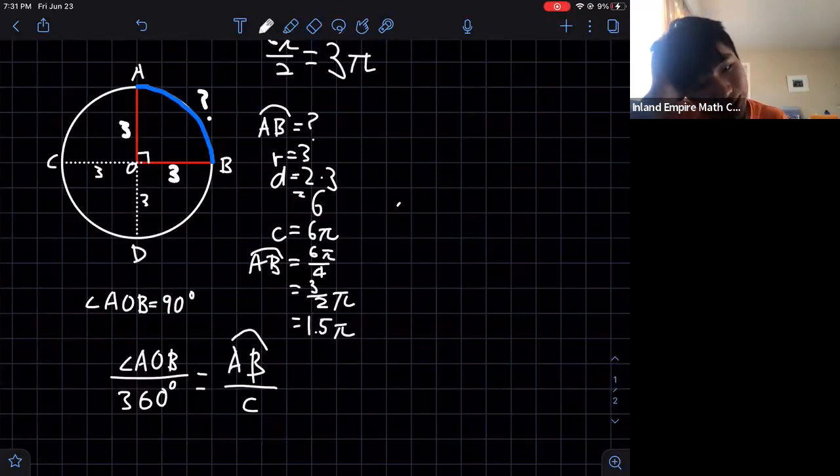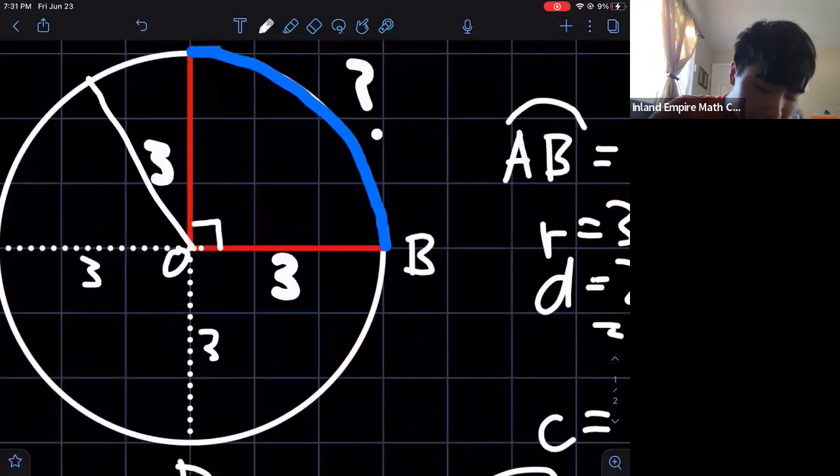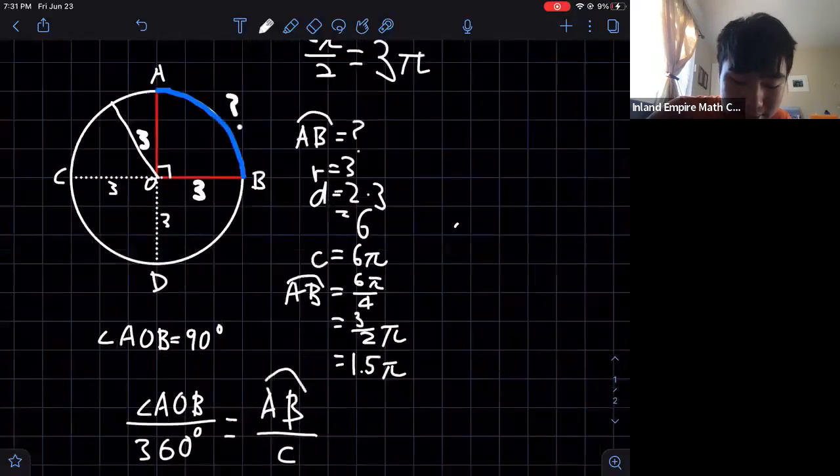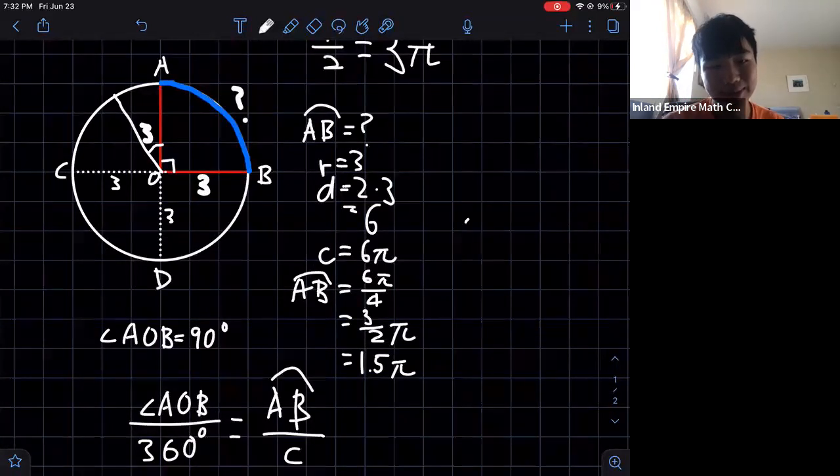You can also think about it this way: every time we increase this angle by some amount, let's say we add an additional angle to that angle and make the angle slightly bigger, then we're also going to make the circumference, or the arc length, bigger by the same amount on that angle.